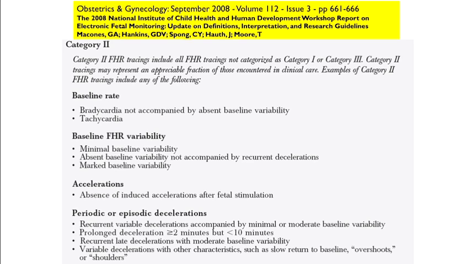If you look at the title of this category 2 list, you can see that these are examples of category 2 tracings, and not an extensive or complete list of category 2 fetal heart rate tracings.